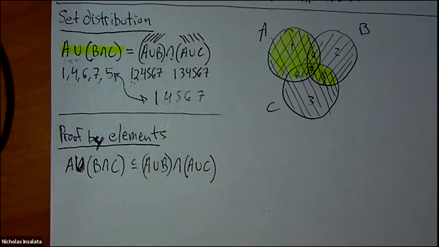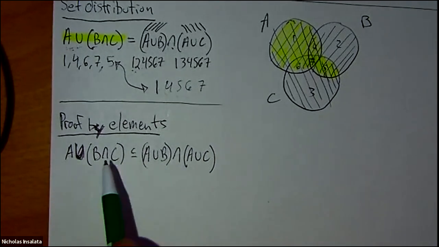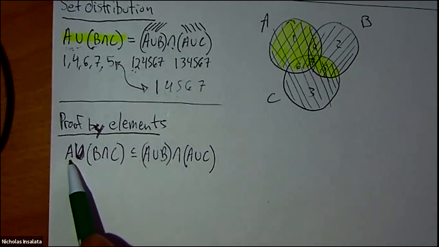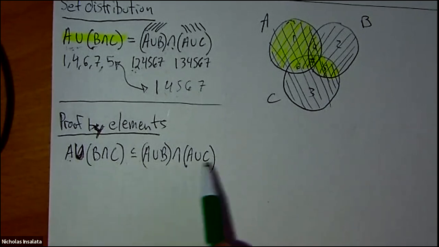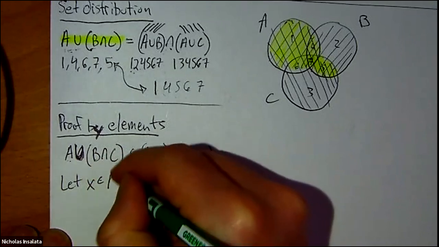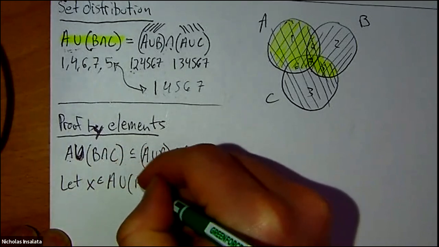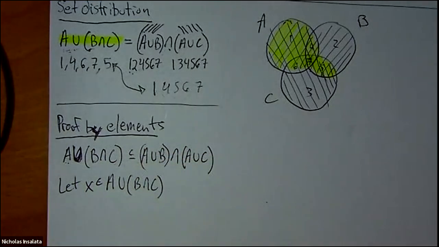Now that we have this containment, we're going to assume that some arbitrary element X is an element of the left side and show that it must be an element of the right side, right? So let X be an element of A union (B intersect C). Okay. Now where do I go from here?